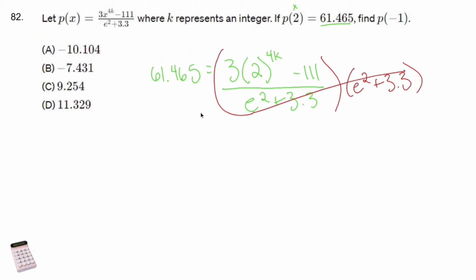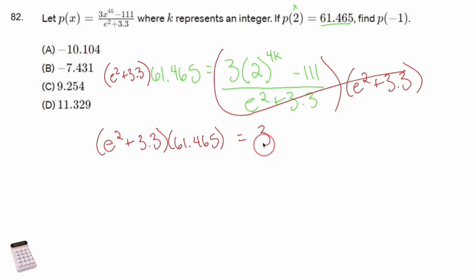That allows that to go away. So now what I have is e squared plus 3.3 times 61.465 equals 3 parentheses 2 to the 4k minus 111.